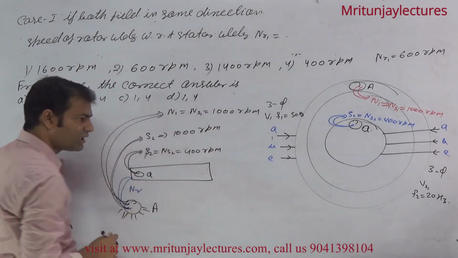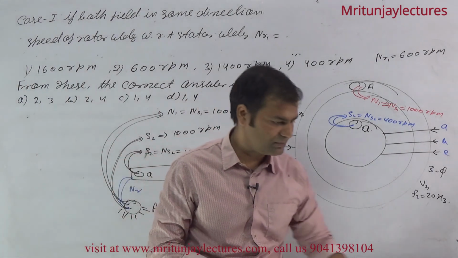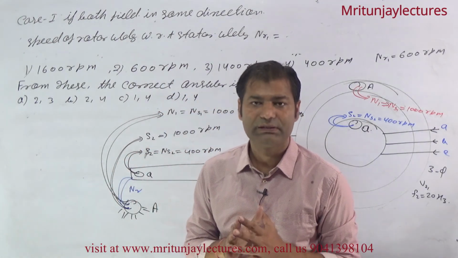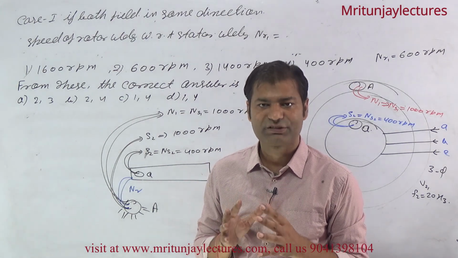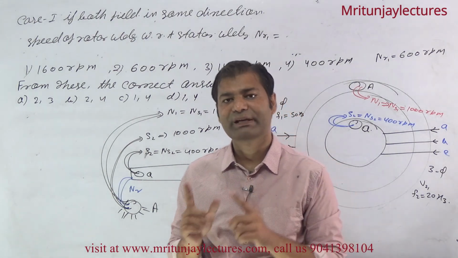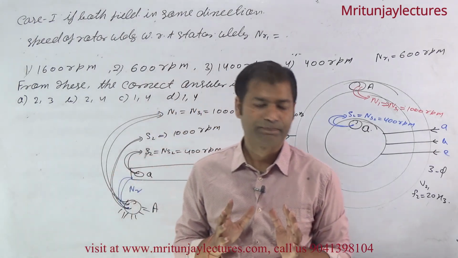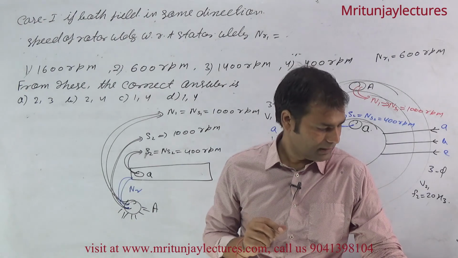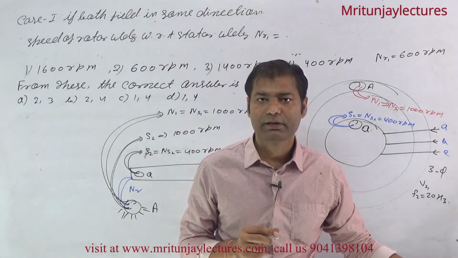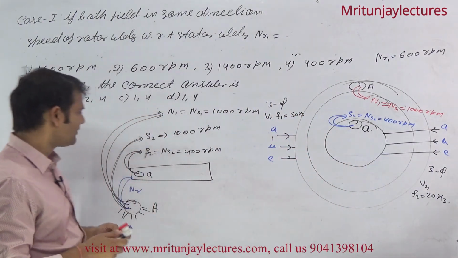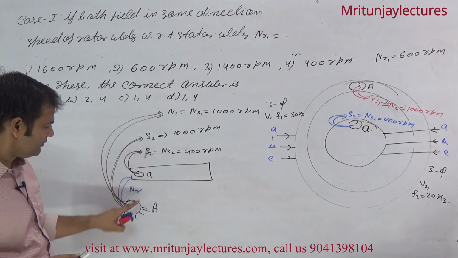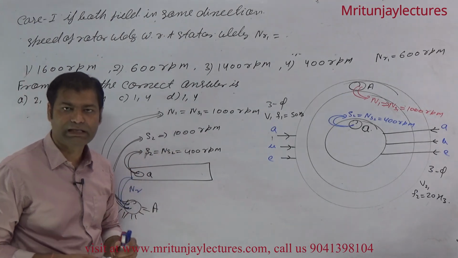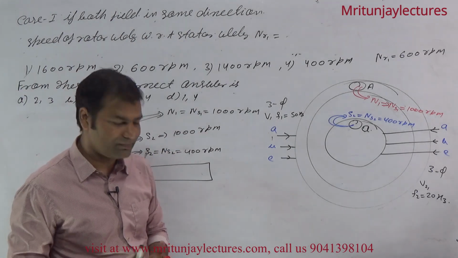If both rotate at the same speed with respect to the stator structure, it means they are in synchronism, that is, they are stationary with respect to each other. Then continuous electromagnetic torque is developed. Clear? So if you sit on this one and see S2, the speed is like 1000 rpm.